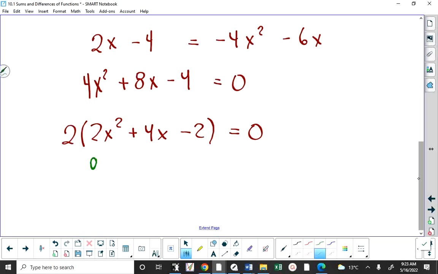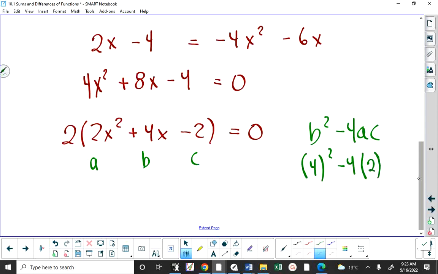So we have a equals 2, b equals 4, c equals negative 2. If we calculate b squared minus 4ac, just to find out if this thing is factorable, we would have 4 squared minus 4 times a, which is 2, times c, which is negative 2.